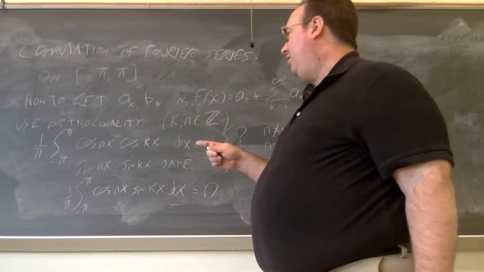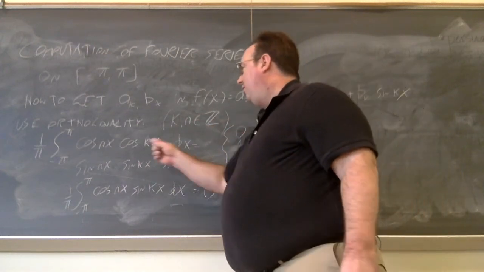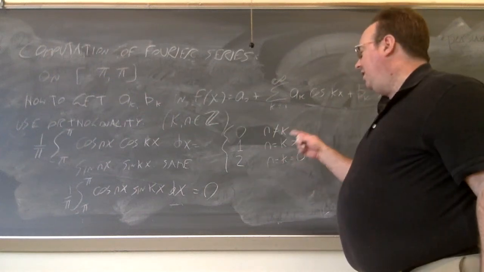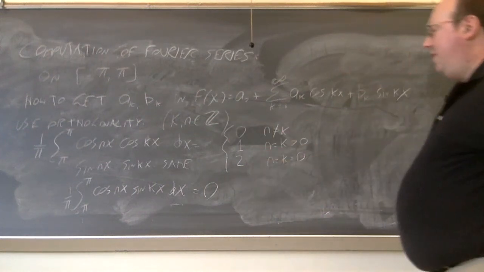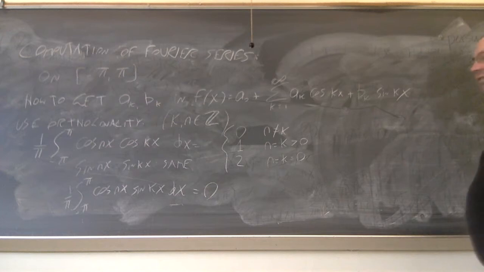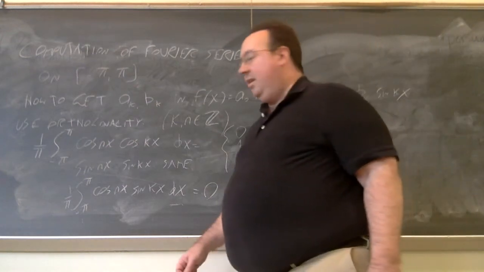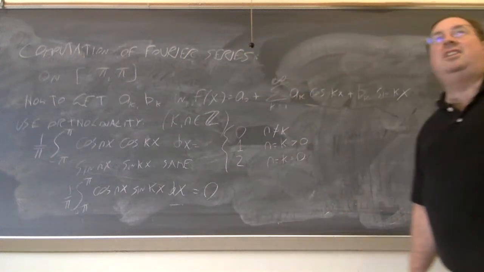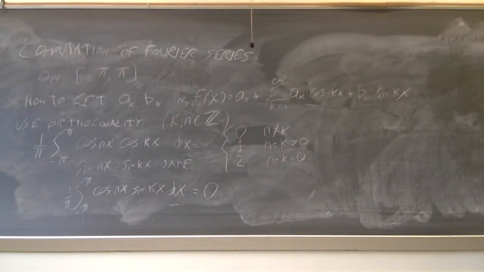The interval is essential. You're working with cosine and sine. Both functions are orthogonal. If n equals k, we have these values instead. For sine, exactly the same results. And then we have here, any cosine is orthogonal to any sine. Doesn't matter whether n and k are equal or not equal, doesn't matter. Orthogonal.